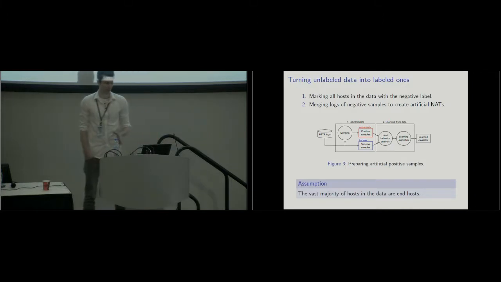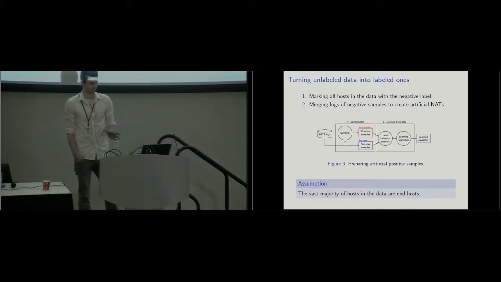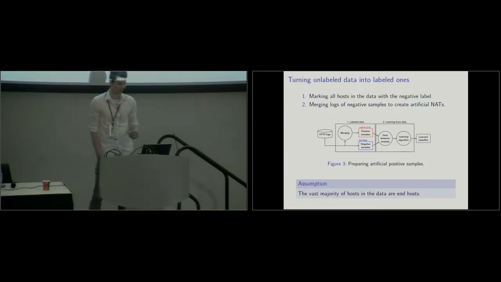Firstly, we mark all hosts in the data with the negative label, and then we merge logs of negative samples in order to create artificial NAT. The only assumption is that the vast majority of hosts in the data should be end hosts, which is a valid assumption for regular networks.